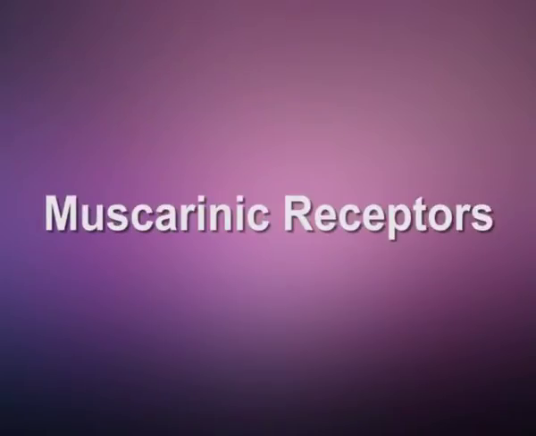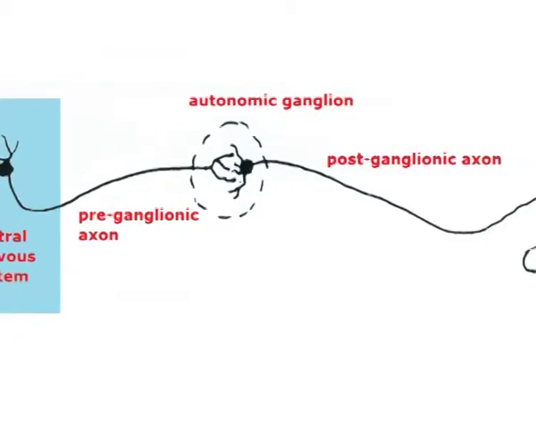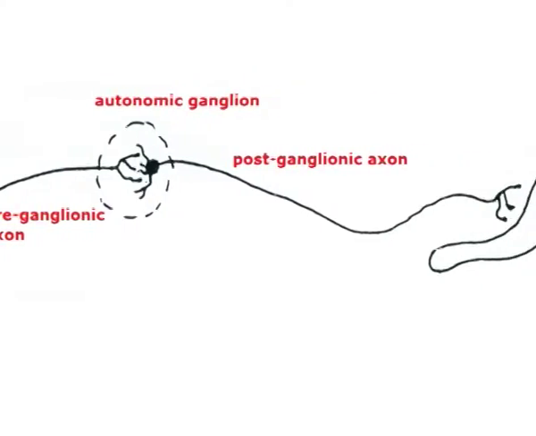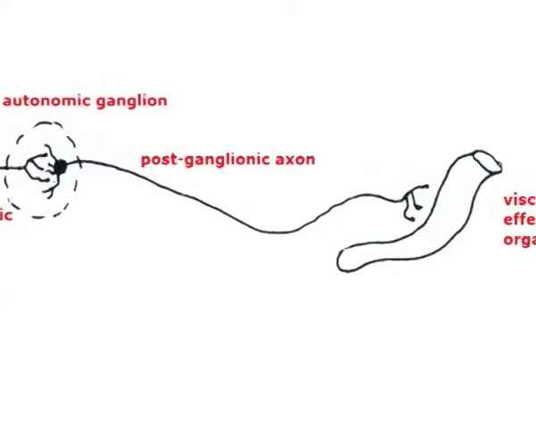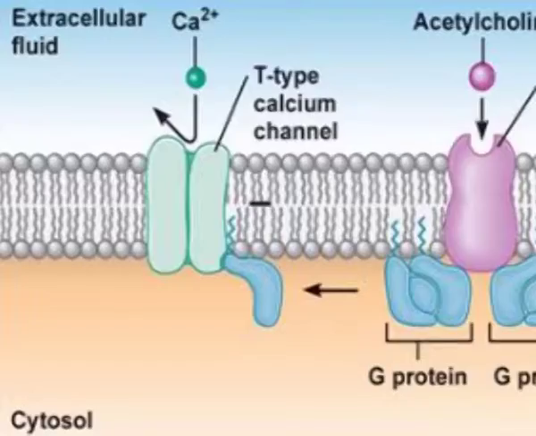Now friends, let us discuss cholinergic receptors. Cholinergic receptors can be classified into two categories. Category first, muscarinic receptors. These receptors are located in tissues innervated by postganglionic parasympathetic nerves, sweat glands and blood vessels.